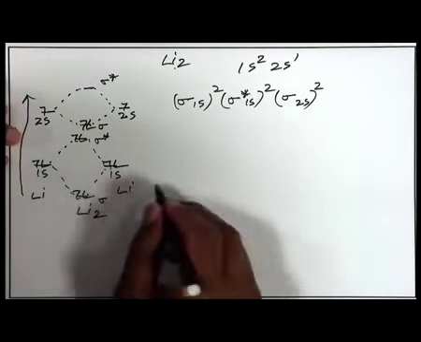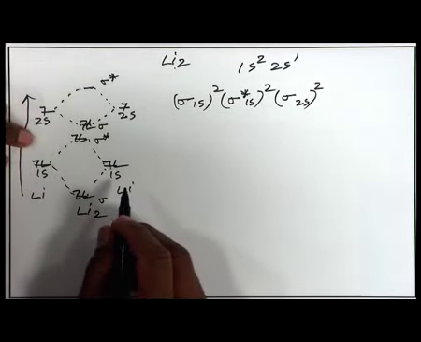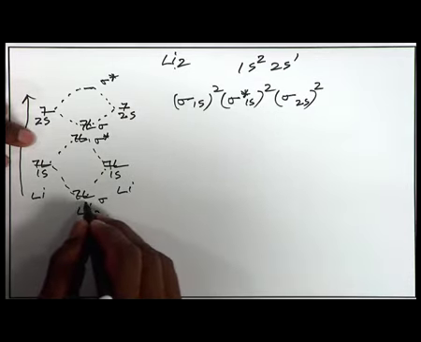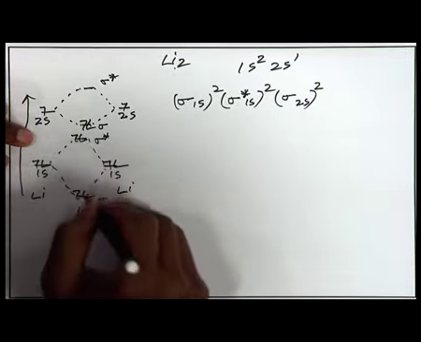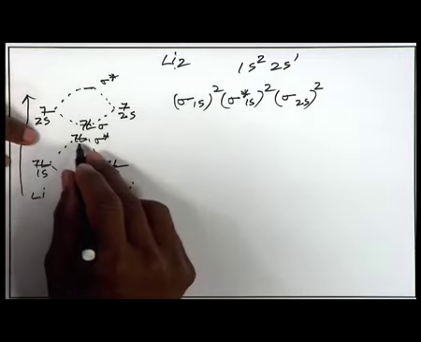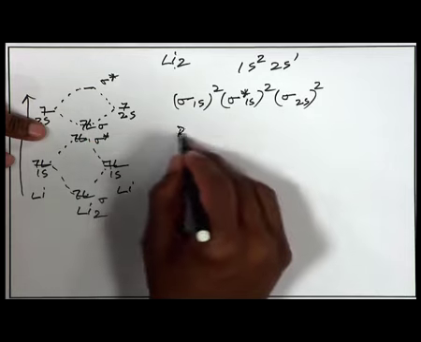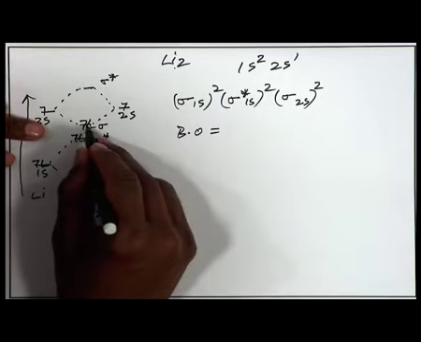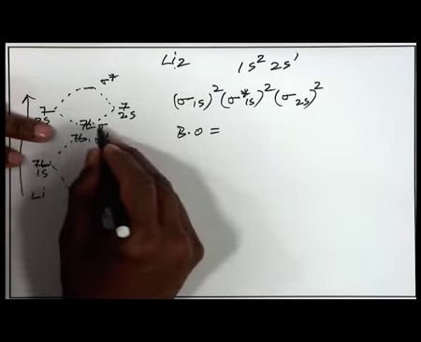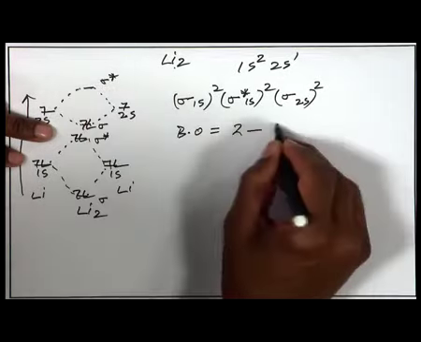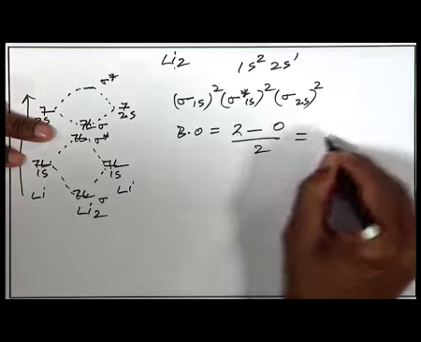Now, we have to find out whether it is stable or not. This bonding is cancelled by the antibonding of this. So, 2 electrons are cancelled by the other 2 electrons present in the antibonding. Now, the bond order: the number of electrons in the bonding is 2, minus the number of electrons in the antibonding, 0, divided by 2, equals 1.